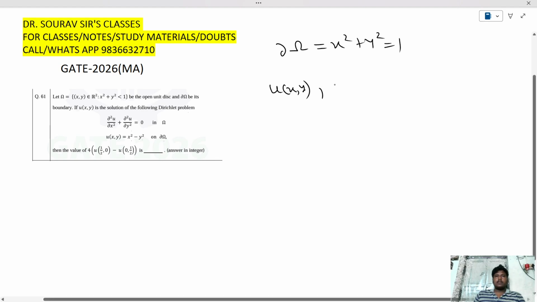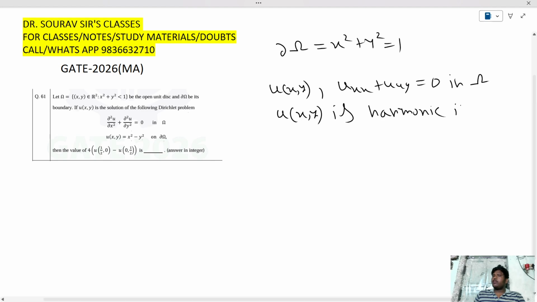Okay. So u(x,y) satisfies the Laplace equation u_xx plus u_yy equals 0 in Omega, and so u(x,y) is harmonic in Omega.